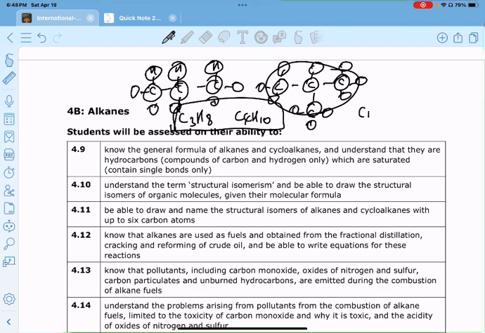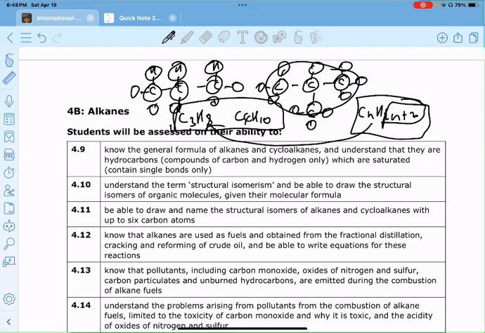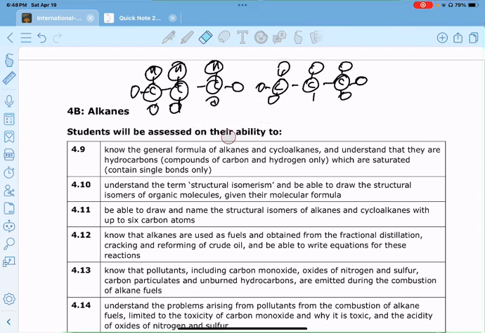We'll get CnH2n plus 2, okay? You're not supposed to know how to obtain this, but it's important to just know it, memorize that the general formula is this, okay? You can see that it pertains to this. When we put n as 3, we'll get 2n plus 2, which is 2 times 3, which is 6, plus 2, 8. So it does pertain to it, okay?